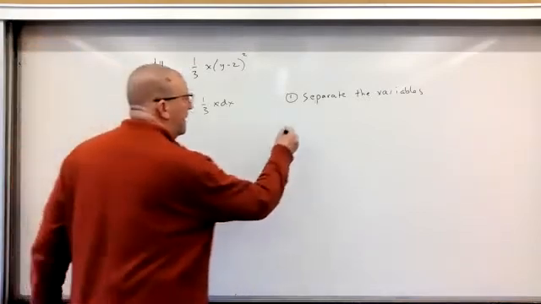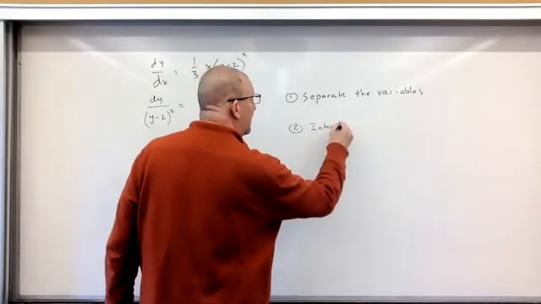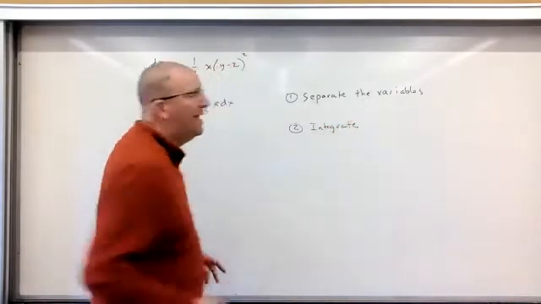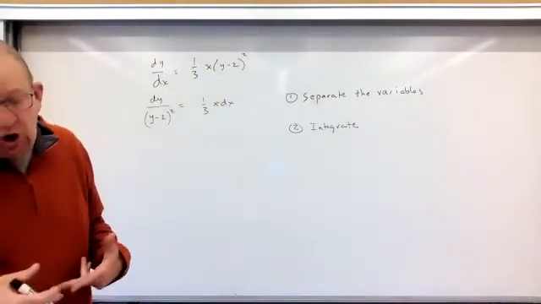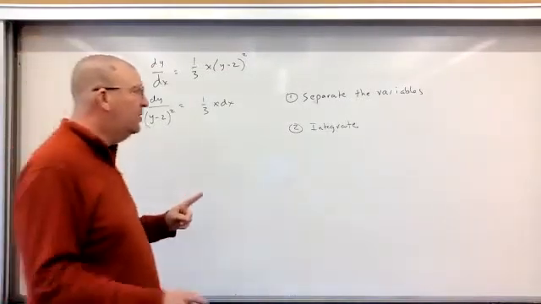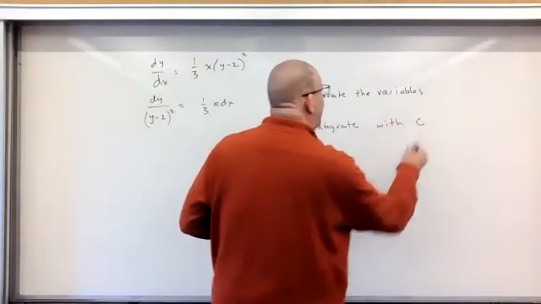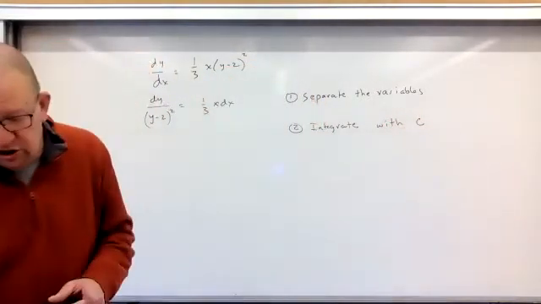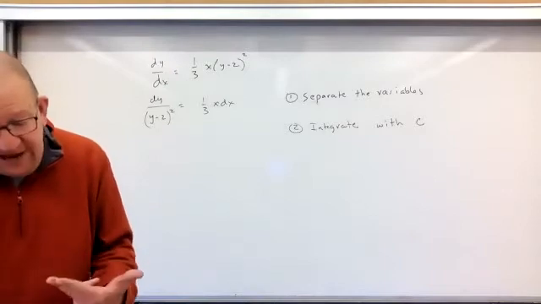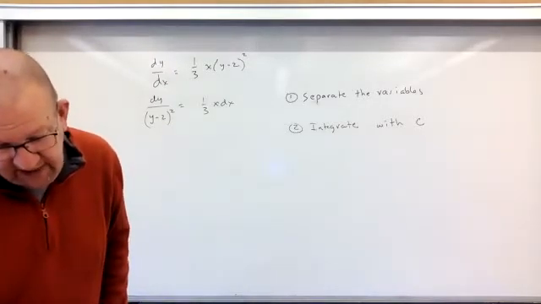Step 2, we want to integrate, and then you want to make sure you use a C. So integrate with C. Oftentimes, you'll be given an initial condition. You want to integrate first with C and then use the initial condition.